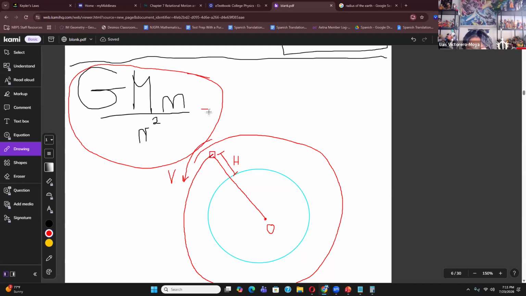So I can make this equal to mass times acceleration of the satellite. But wait a second though. What type of acceleration is the one on the satellite? It is centripetal acceleration. And that is mass times the speed of the satellite squared, divided by not just r, but r plus h.